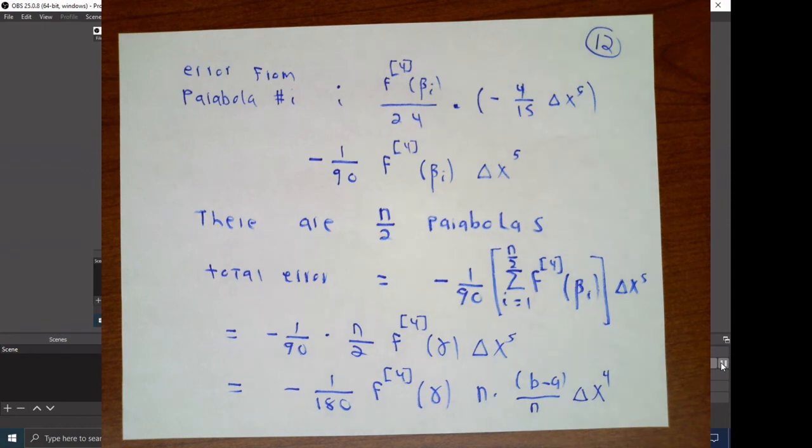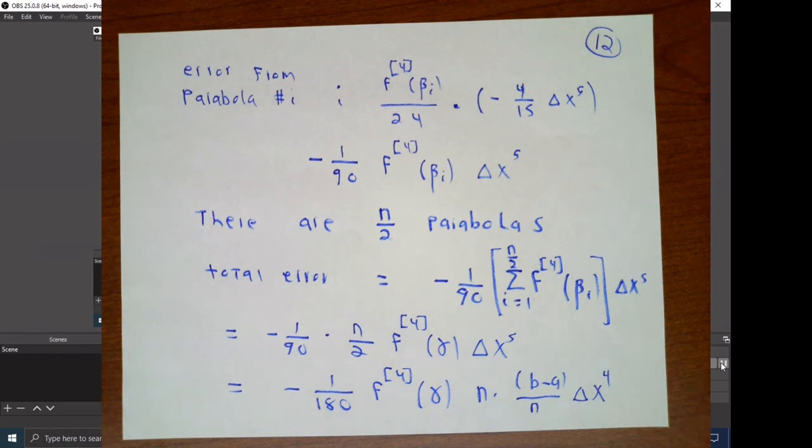The error in Simpson's rule, which comes from using parabola number i, is the fourth derivative at beta i over 24, 4 factorial that is, times negative 4 over 15 delta x to the 5th power. After combining terms and factors, this is negative 1 over 90, fourth derivative at beta i times delta x to the 5th power.